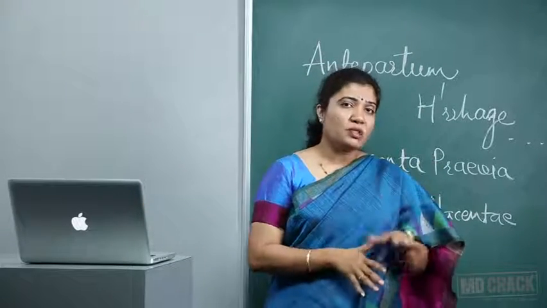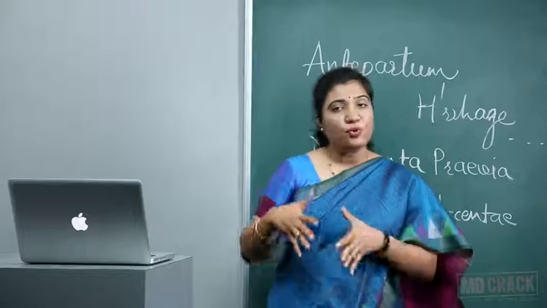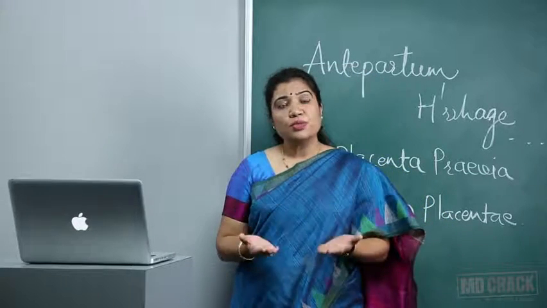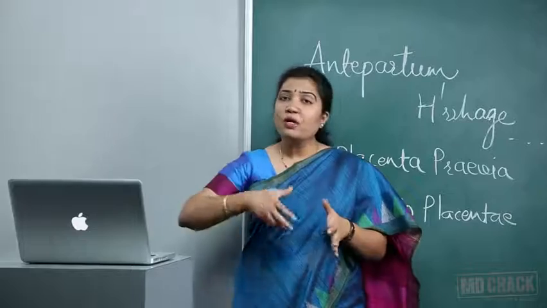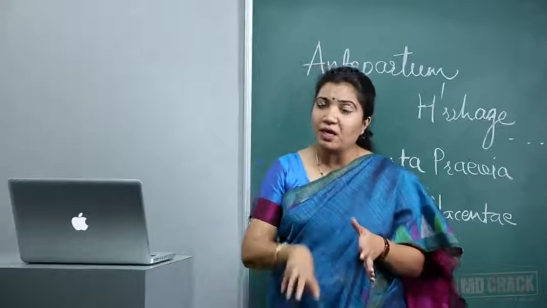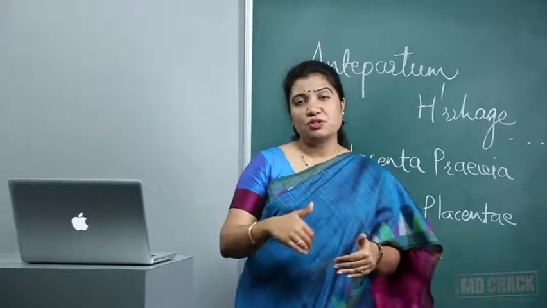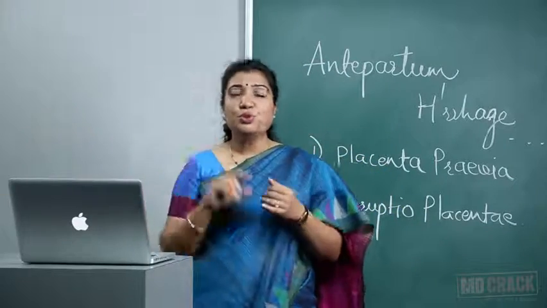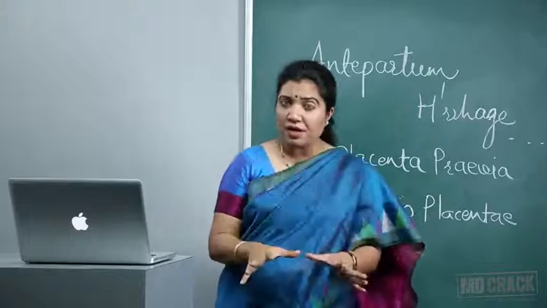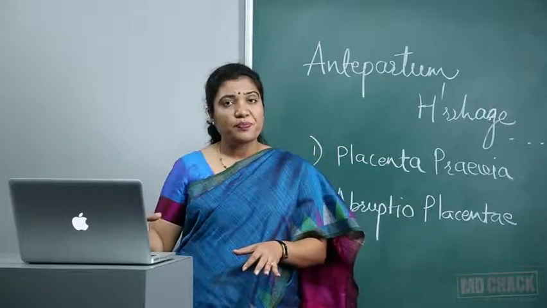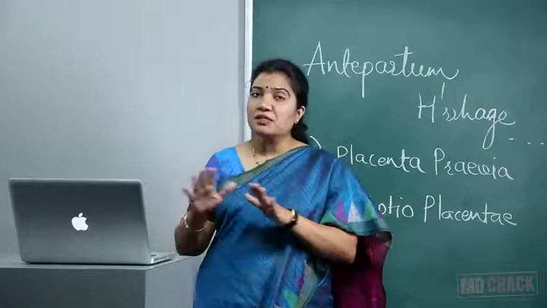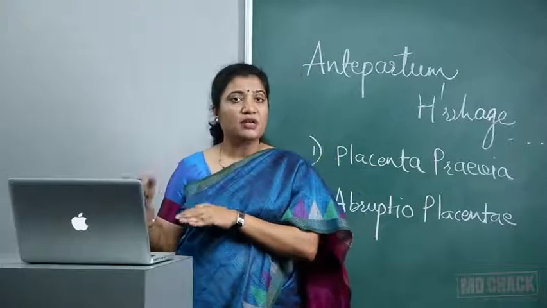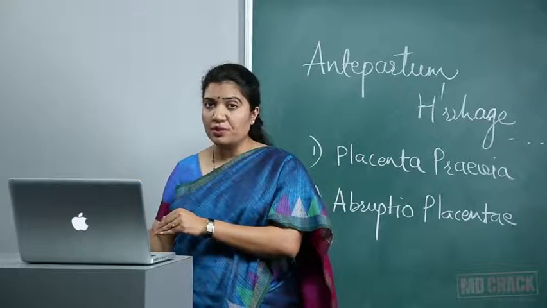Malpresentations are quite common in placenta previa because of the low-lying placenta. So there would be either malpresentation or the head would be floating because it can't get engaged because of the placenta situated there. In abruptio, the uterus will be stony hard, woody hard. There would be tenderness and the uterus will not relax in between two contractions. That will guide us that this is most likely abruption.